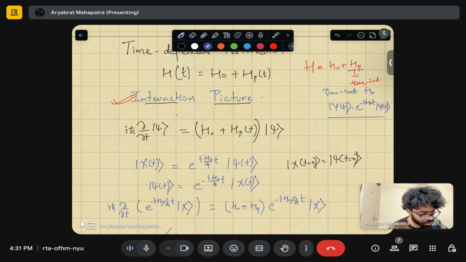Even so, you cannot take the total H and do exponential of minus i H t times psi 0, because this evolution operator U of t is true only if H is time independent.